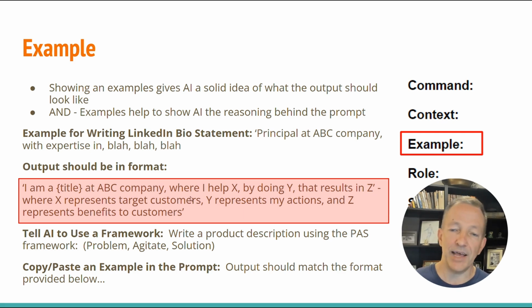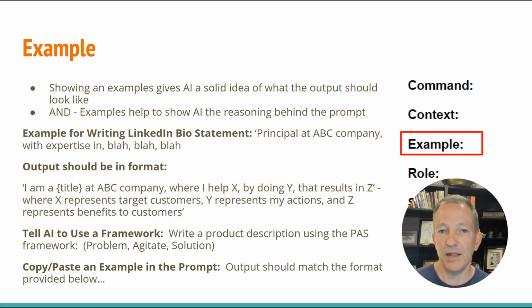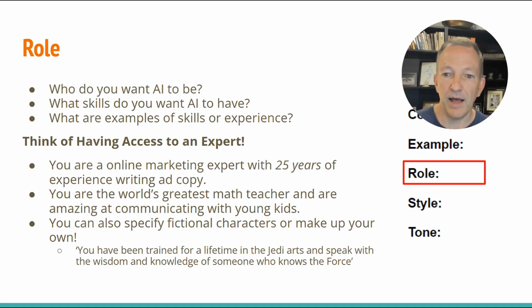AI understands that framework and will build it in that model. The same thing if you're writing product descriptions or product marketing. AI understands how to write product descriptions for Amazon or for Facebook Marketplace. So you tell it, here's the context of what I'm doing. I'm writing a product description for Amazon Marketplace or for eBay. And it understands that.